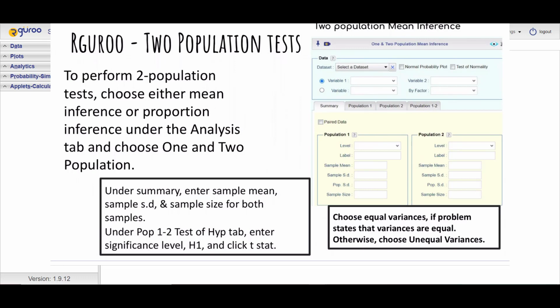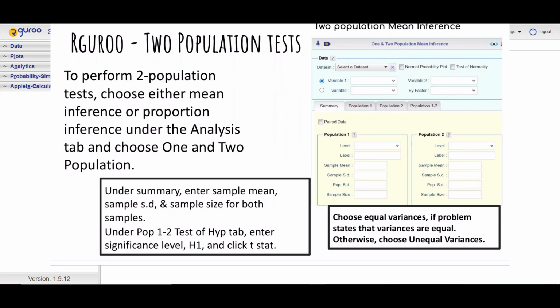All right, so Level is a drop down that I believe only works if you select a data set. So we're going to skip to Label, and you're going to label what population each of the samples represents. So let's say we were doing that Democratic example from a few slides ago. You could say the Democrats in Maryland would be the first population, and Democrats in Virginia would be the second population.